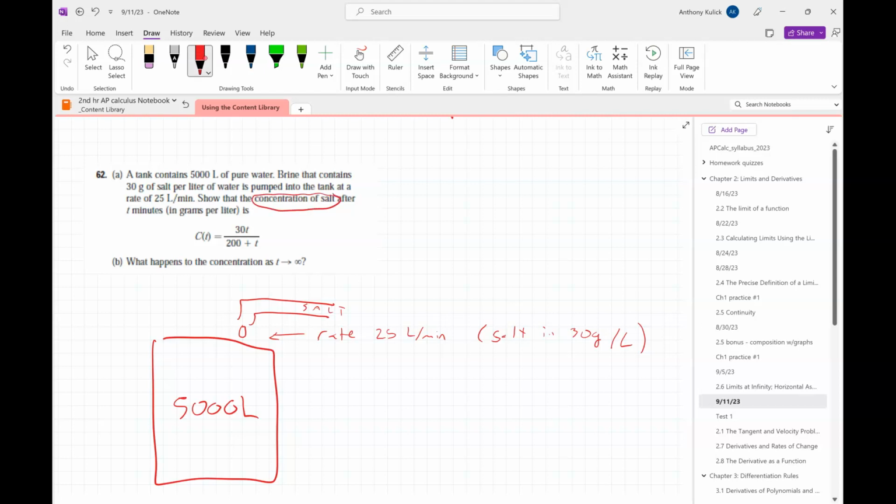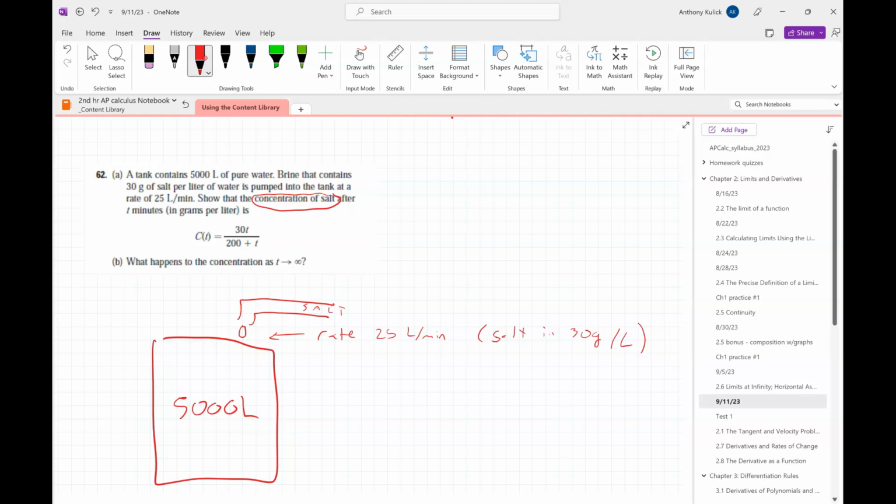AP chemistry students, how do I do concentration of a solution? There's two measurements, molarity and molality. Which one should I be using in this case? I would do molality, where I'm going to do grams per liter. I don't remember. I'm sorry, Mr. I just blocked that out of my head.